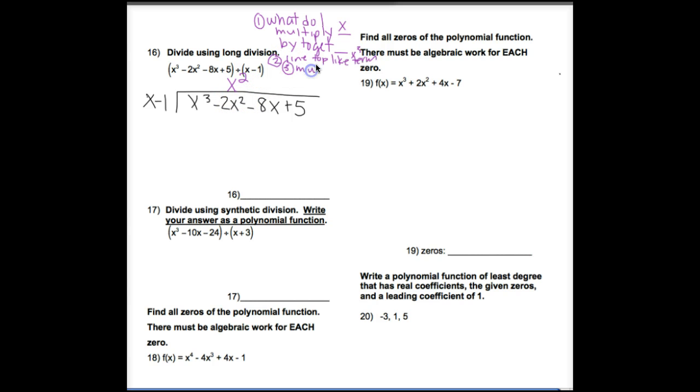X squared times x is x cubed. X squared times -1 is -x squared. Now I need to change the signs. So this becomes a negative. This becomes a positive.